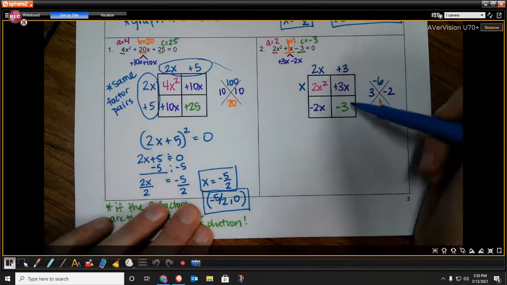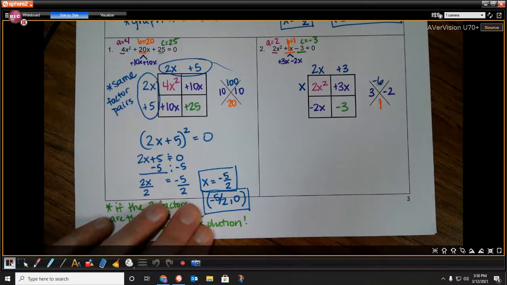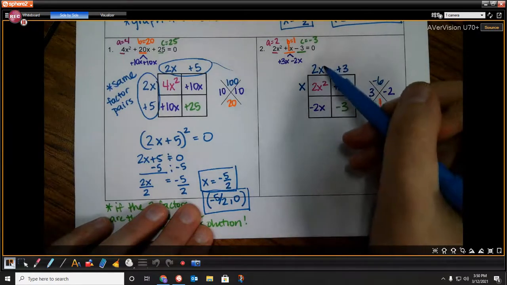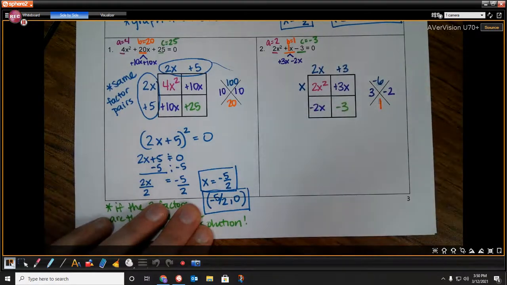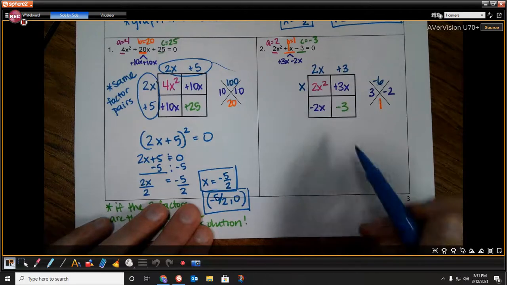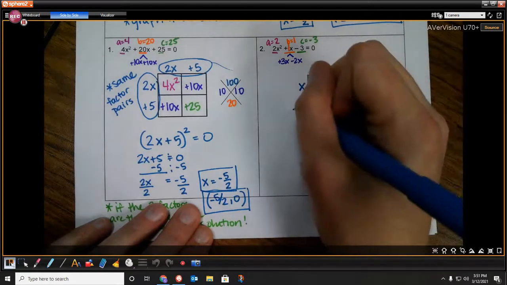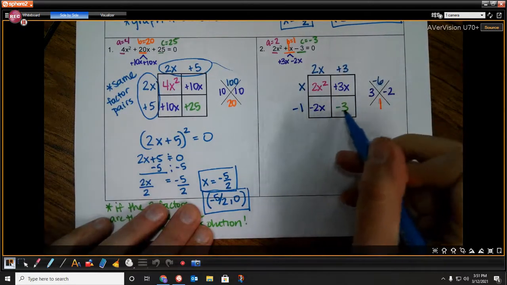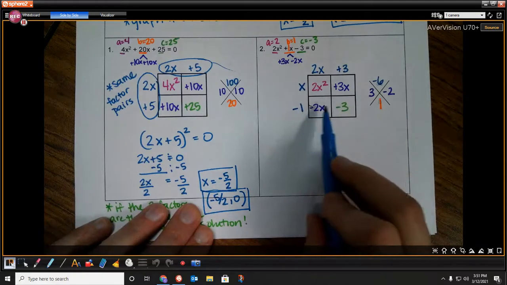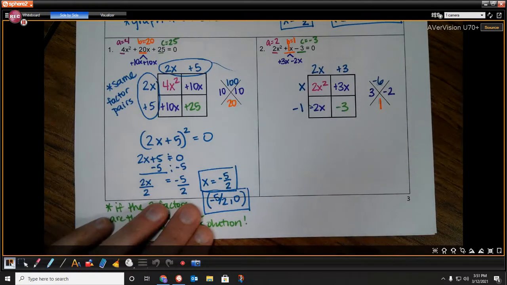And you also see that 3 and 3 are both divisible by 3. And then 2x times what gives me a negative 2x, and that would be a negative 1. Also, you see the only factor that these guys are both divisible by is going to be a 1. And because that coefficient is negative 2, it's going to be a negative 1.